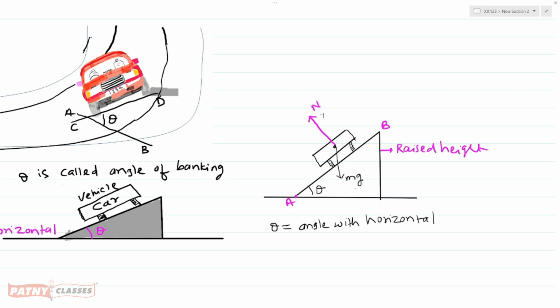Now we can get the two components of normal reaction. One is the vertical component, another is the horizontal component. This is the horizontal component and this is the vertical component of normal reaction, and this angle is theta.